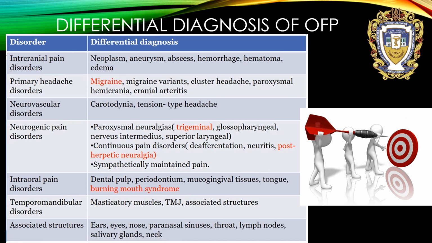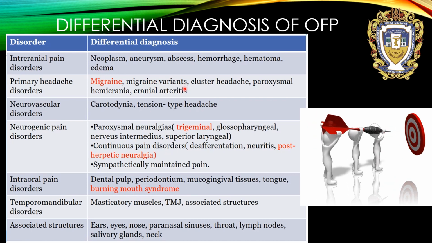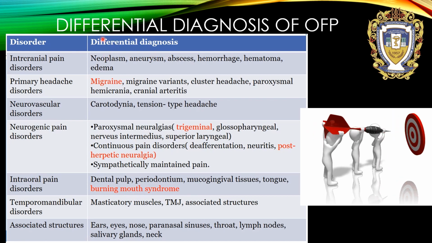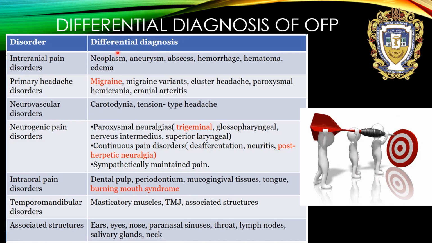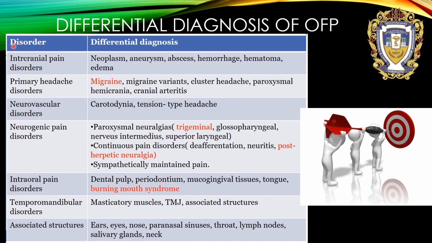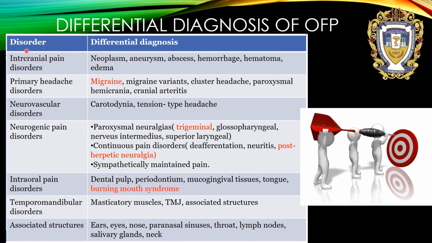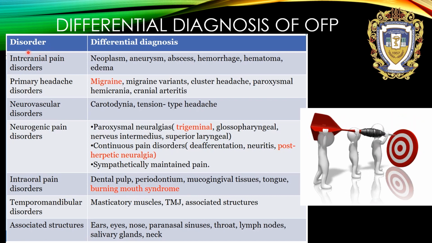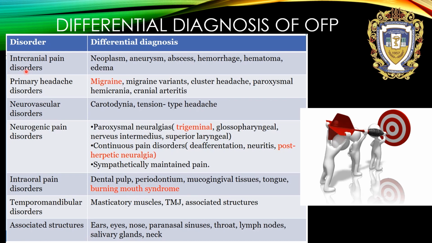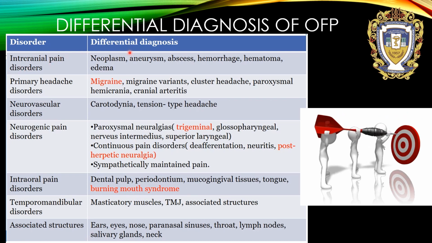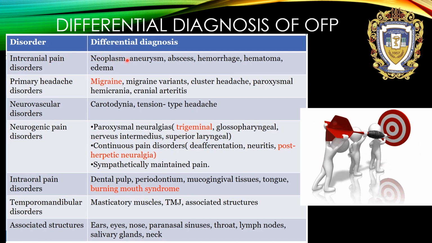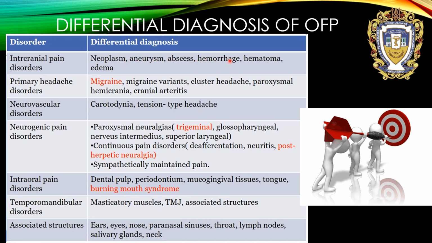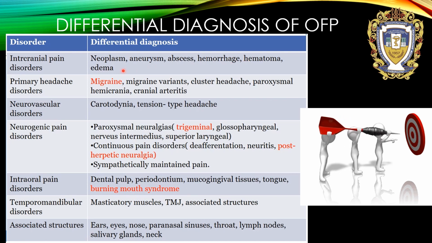I would like to show you this table. The differential diagnosis for different orofacial pain disorders is shown. Intracranial pain disorders we need to differentiate from neoplasm, aneurysm, abscess, hemorrhage, hematoma, and edema.